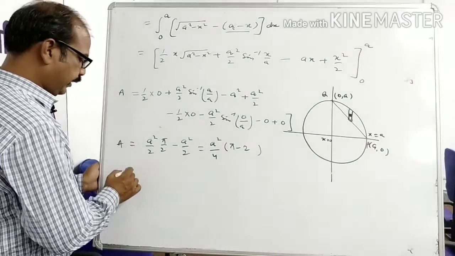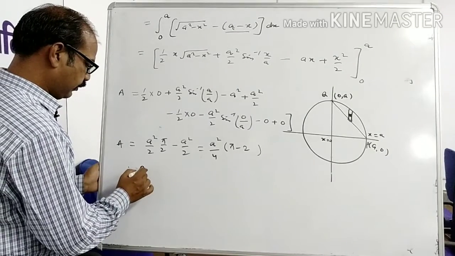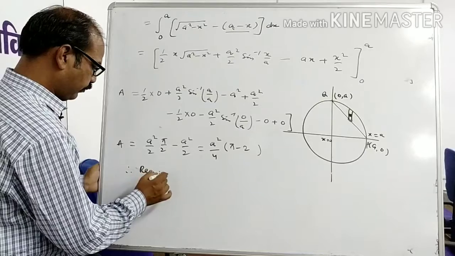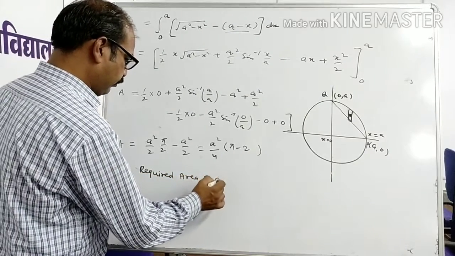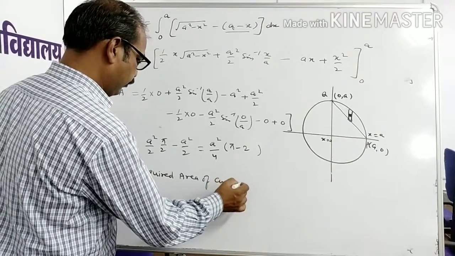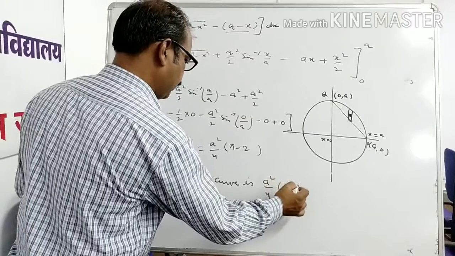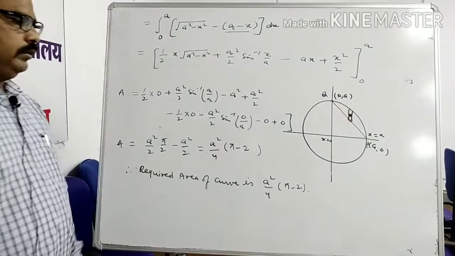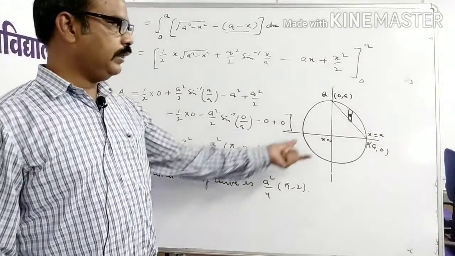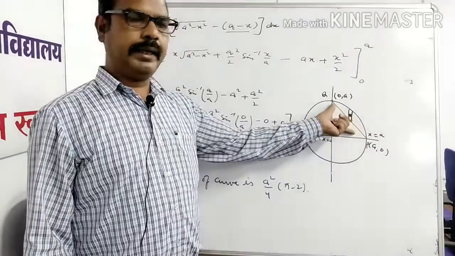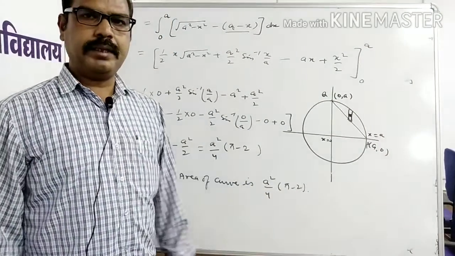So the required area of the curve is a square by 4 (pi minus 2). Therefore the area of the bounded region by the line and the circle is a square by 4 into (pi minus 2).